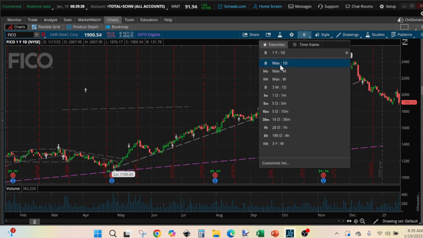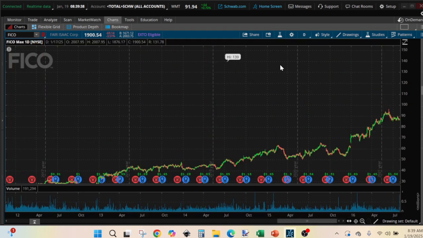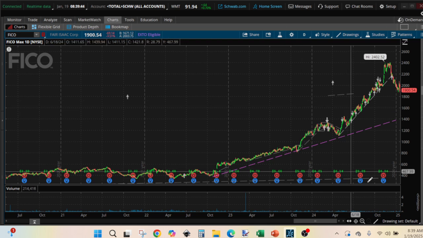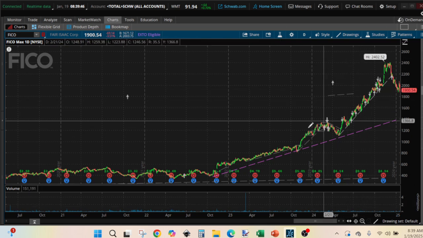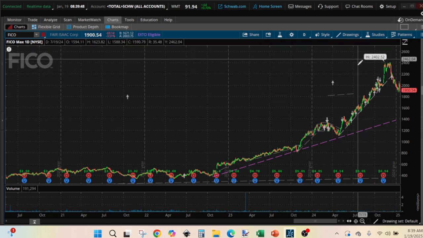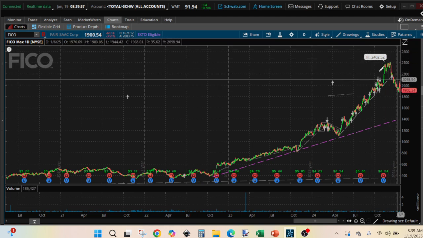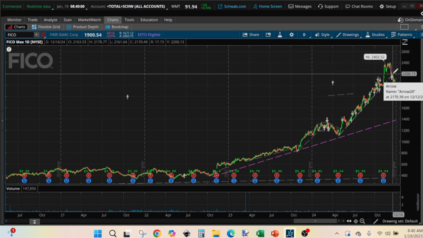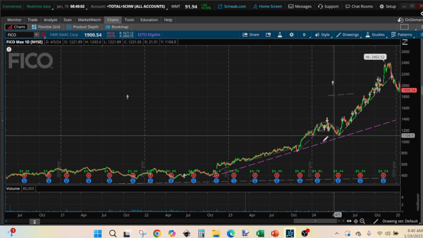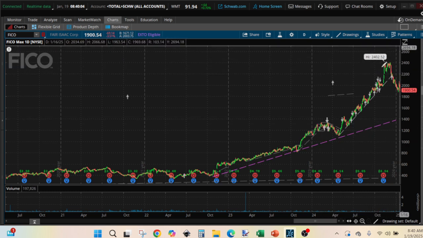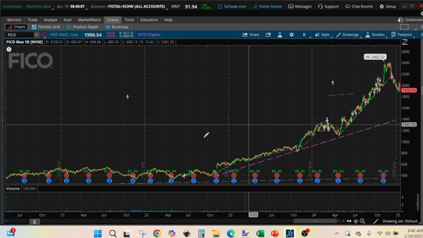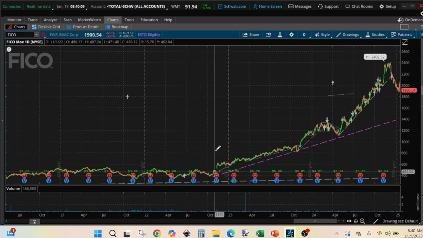So we are going to go back to the maximum daily chart, and the beauty of the maximum daily chart is it is going to show you pretty much the highest peak. If you see the high on the maximum daily chart, you know that is the highest point for whatever years the screen is showing you.